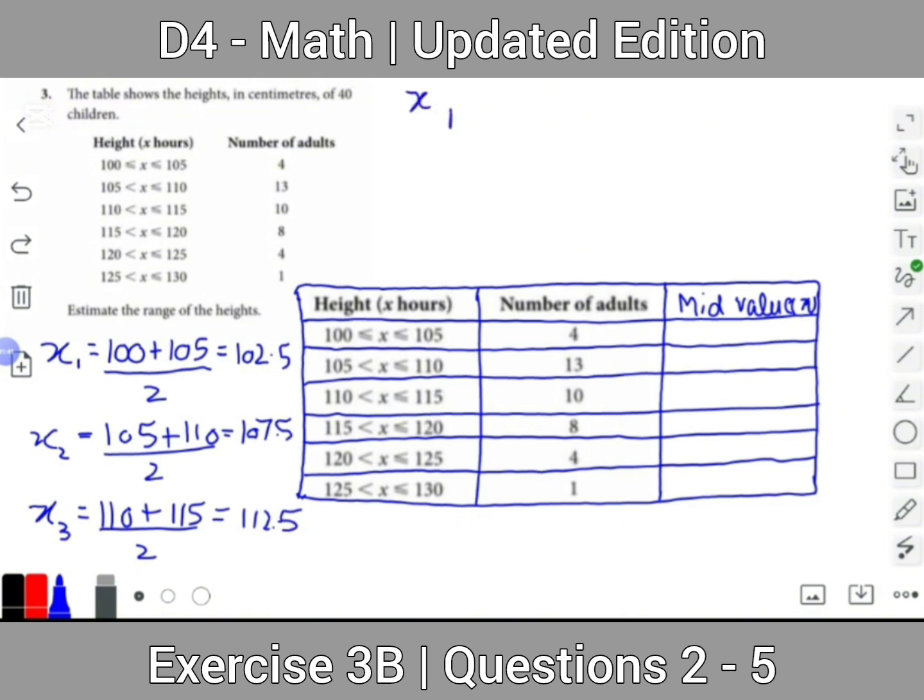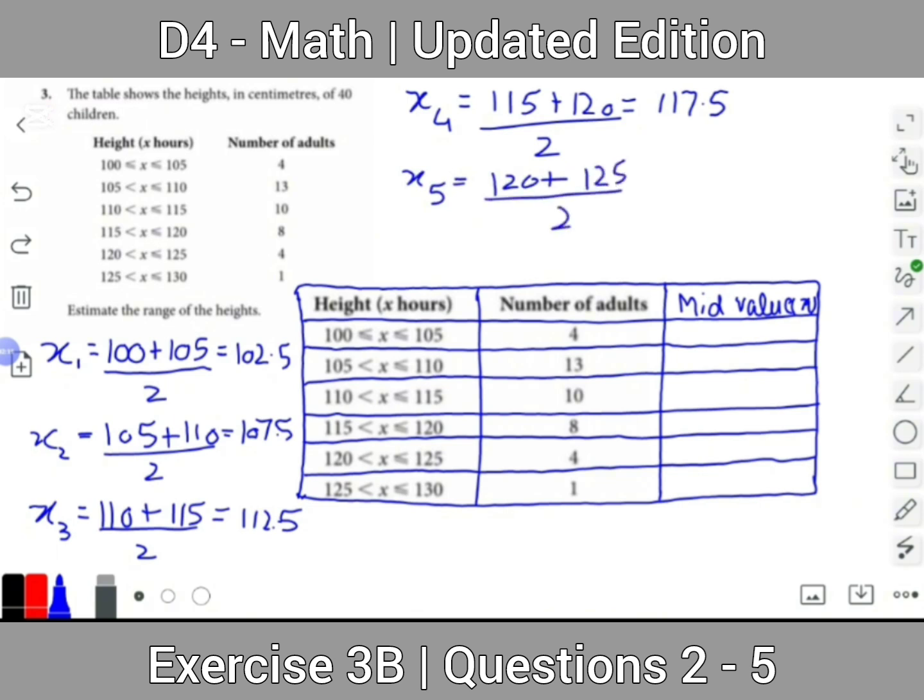Now for x4, for the fourth class interval, the lower limit is 115 plus the upper limit 120 divided by 2, and it will be equal to 117.5. Now for the fifth class interval, the lower limit is 120 plus the upper limit 125 divided by 2, and it will be equal to 122.5.